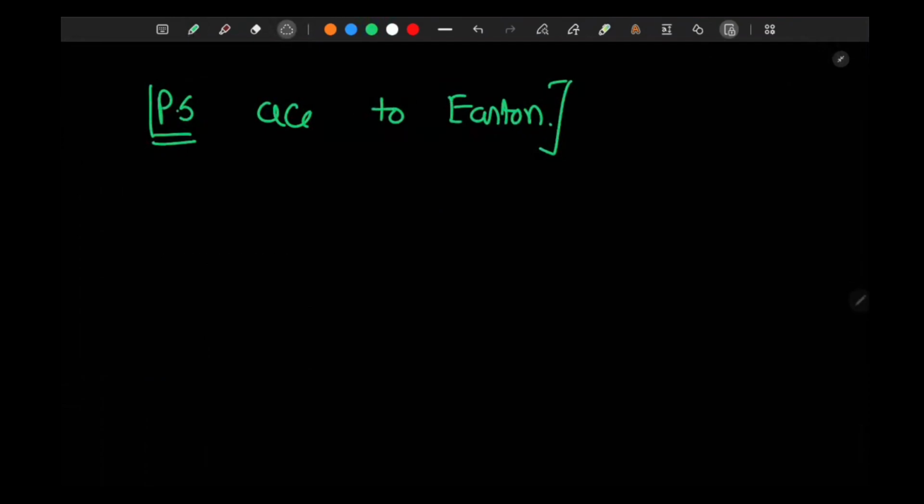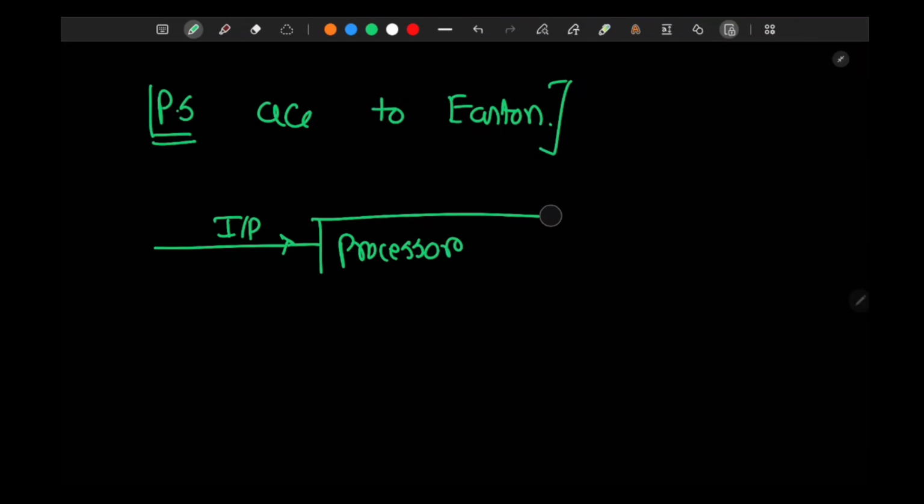So there is input, there is a processor, and there is output. There is input, there is processor, there is output, and there is a feedback as well.